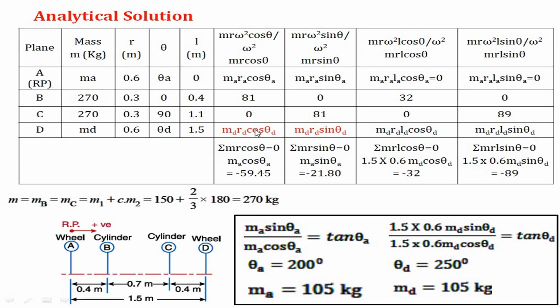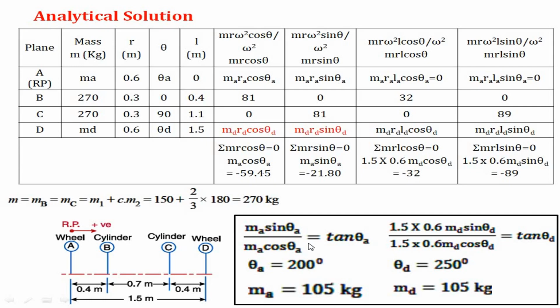So by using this relationship, we are going to get MA cos theta a. Already we know the value of RA over here. So it is going to give you MA cos theta a, MA sin theta a. And by taking this ratio, we are going to get theta as 200 degree, and by placing the value of theta a over here, we are going to get the mass value. Fine. So in this way, we will be able to determine the location as well as the value of the masses.